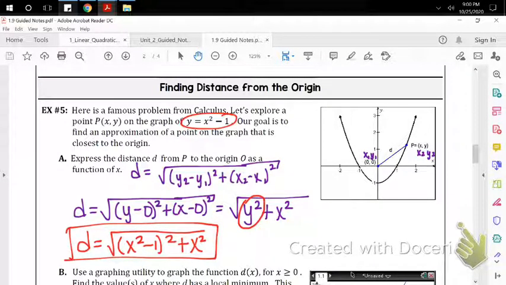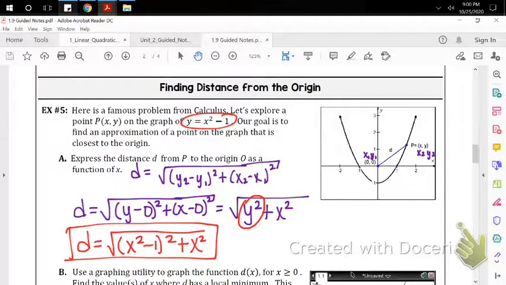Now B says use a graphing utility to graph the function for x greater than 0. Alright, so we're going to put that equation into our y equals. So let's do that. So I got the square root of (x squared minus 1) squared plus x squared.